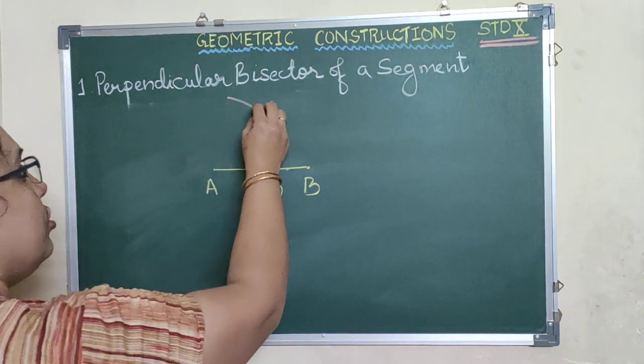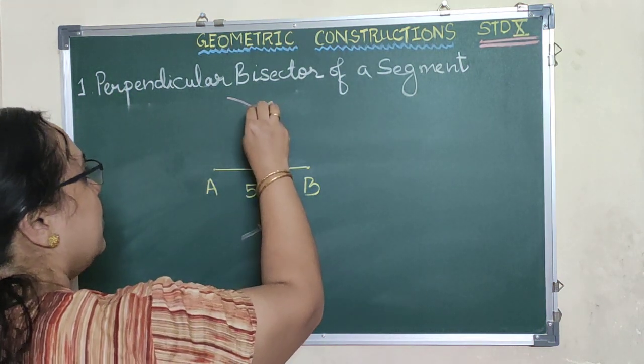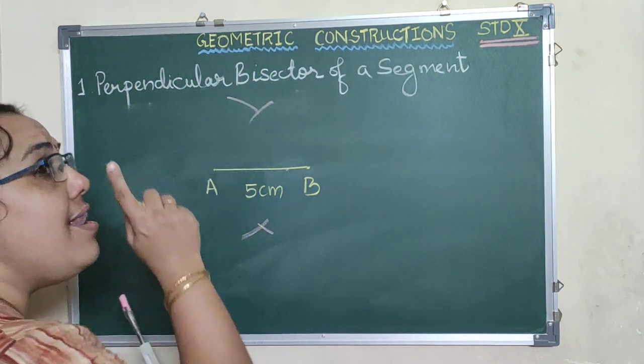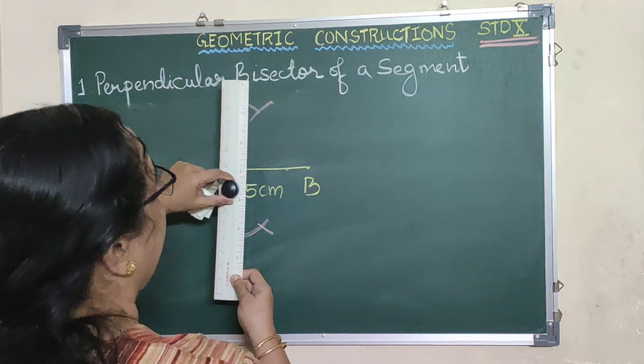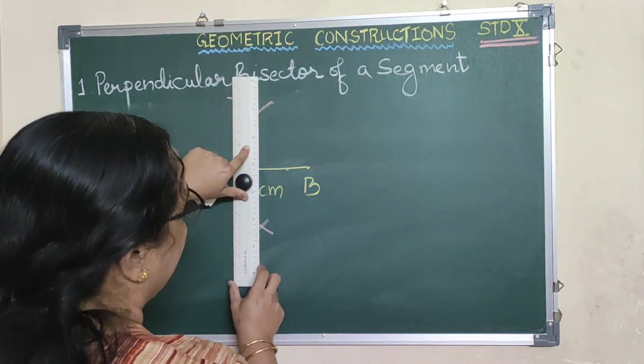Yes. So the two common points, mark them with your pencil. Here I mark them with my chalk and I draw a line using the scale, such that the line passes through both the points.